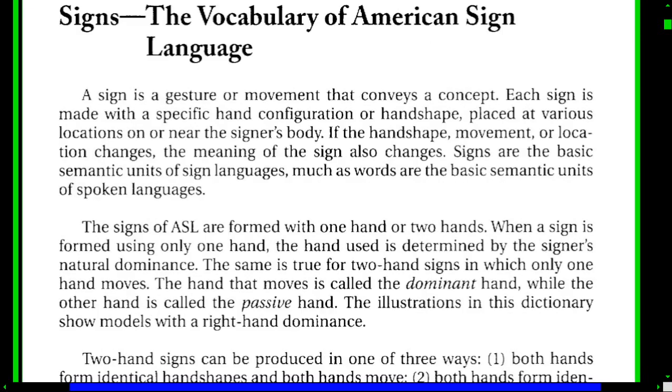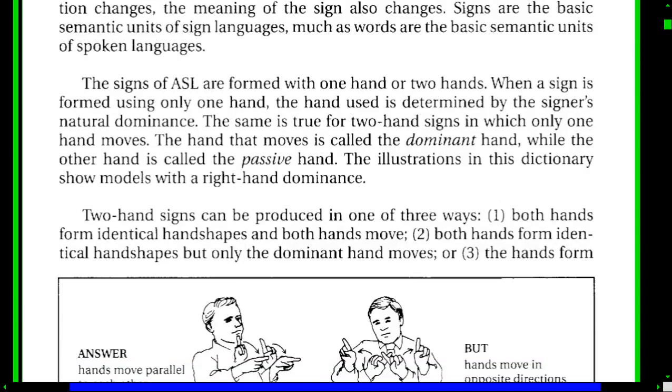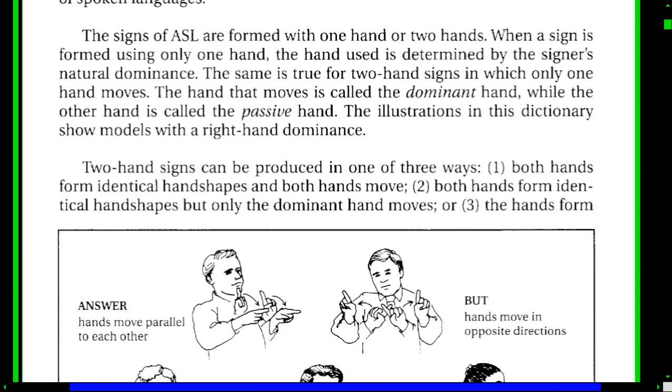Very good. The signs of ASL are formed with one hand or two hands. When a sign is formed using only one hand, the hand used is determined by the signer's natural dominance. That's a new word we have to keep in mind. The same is true for two-hand signs in which only one hand moves.